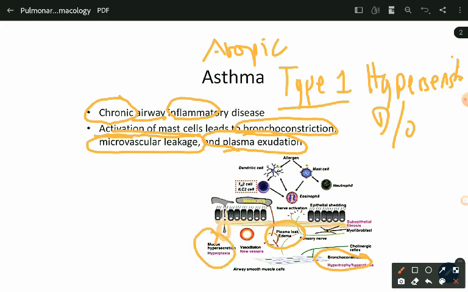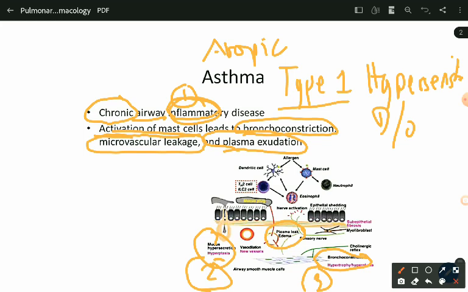And remember the inflammation. Again, inflammation. Number two, there is lots of mucus hypersecretion, also because of hyperplasia of the mucus glands in the airway. And third is bronchoconstriction. So this is the very dangerous thing, no?